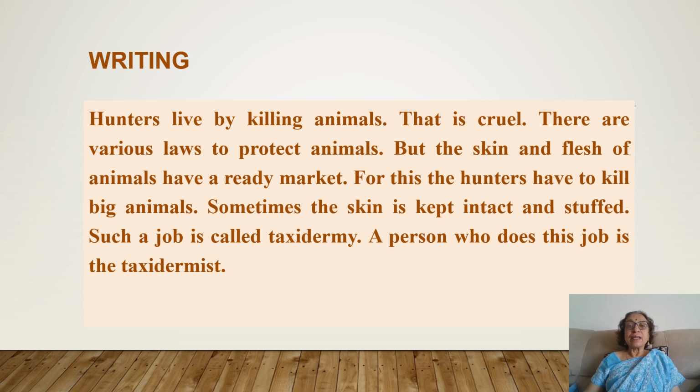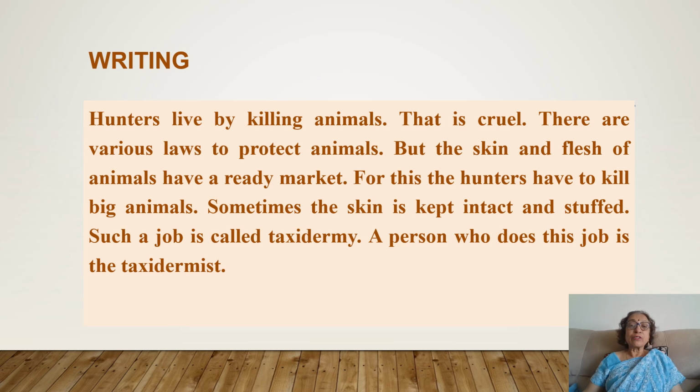Now, if an advanced level or mid-level student is watching this, you can make 3-4 paragraphs out of this by adding more sentences. So if you're practicing your writing skill, you take first about hunters, then about protection of animals, then about what taxidermists do.